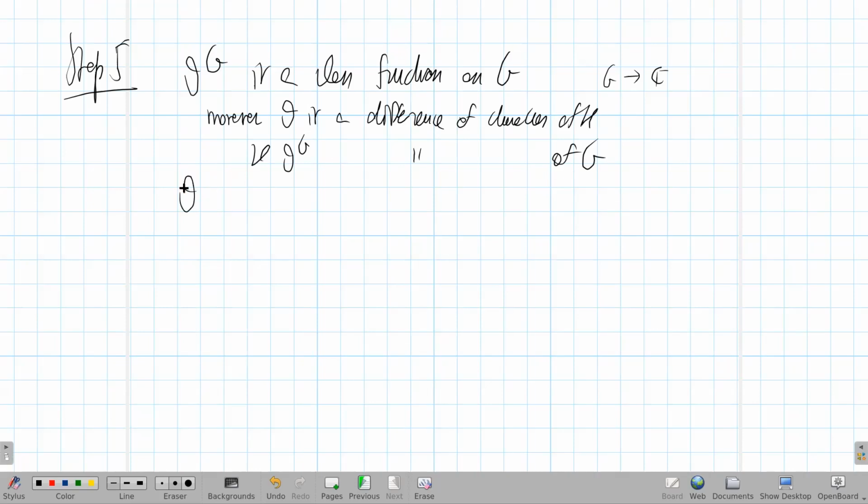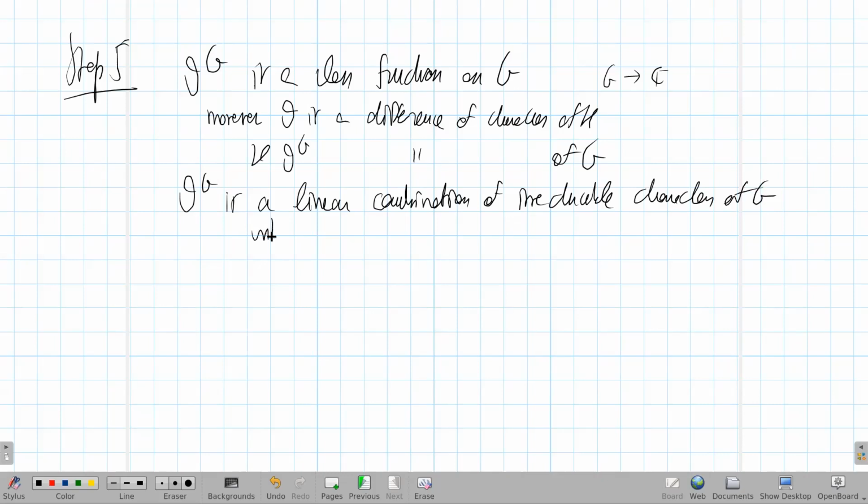So this means that theta G is a linear combination of irreducible characters of G with integer coefficients. If you take a character, the coefficients will be non-negative integers.